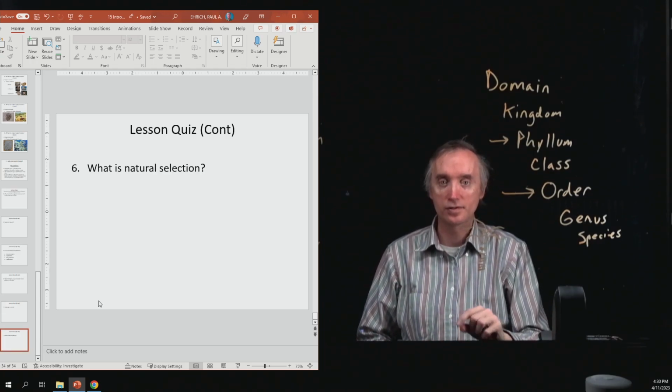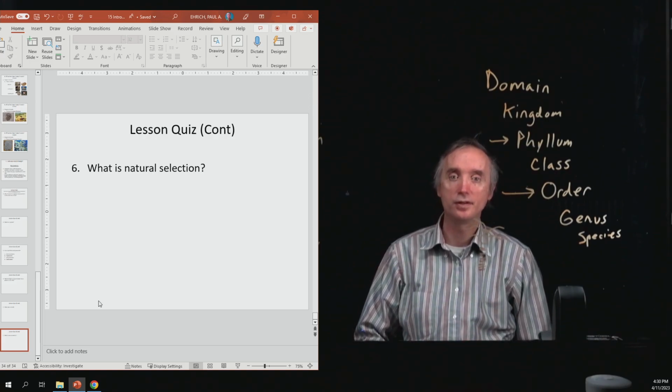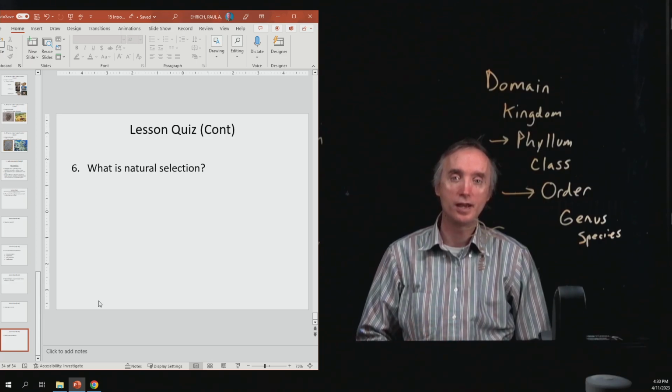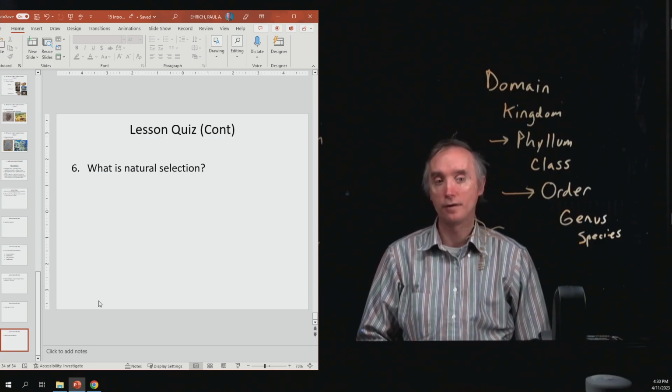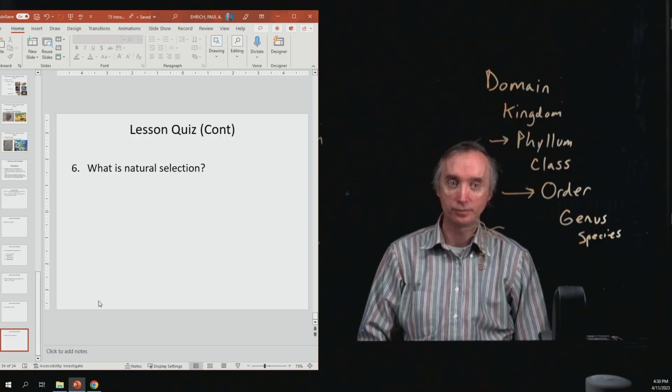Okay, and then number 6, what is natural selection? So this is that when you have a mutation in the DNA of an organism, it then passes on that mutation to its offspring. And if that mutation is good for the offspring, then that offspring stands a better chance of being able to reproduce and pass on that adaptation.